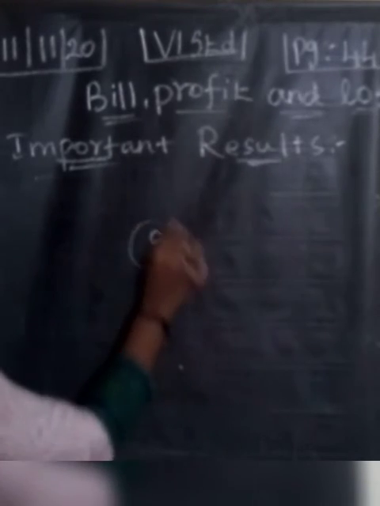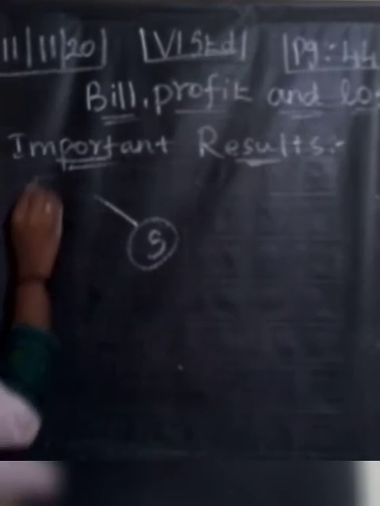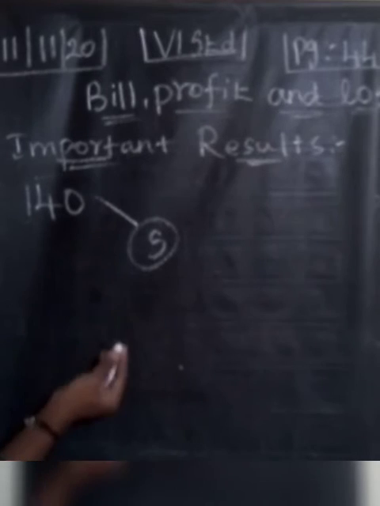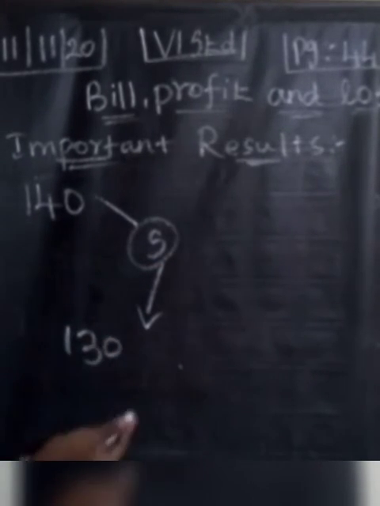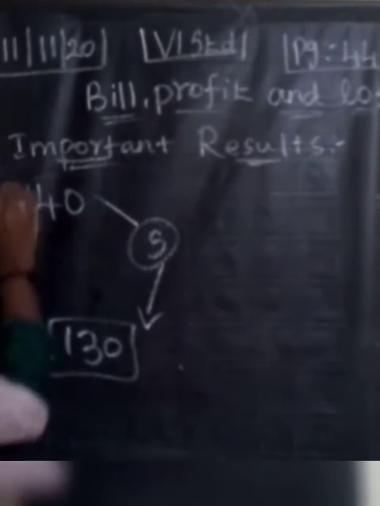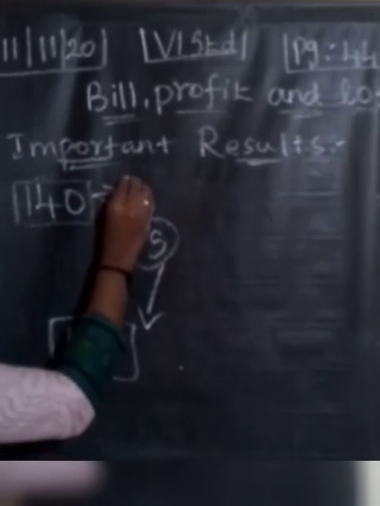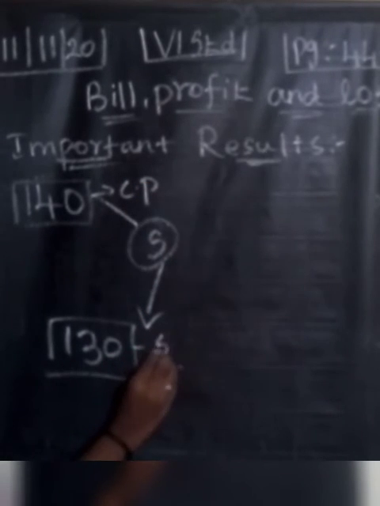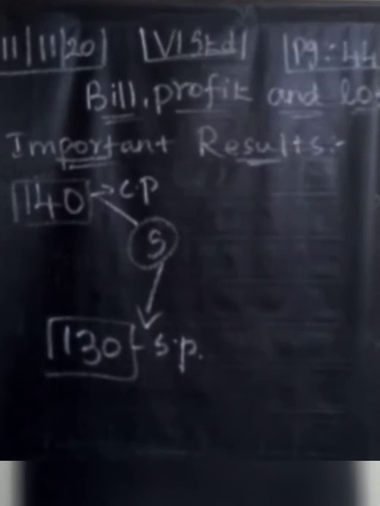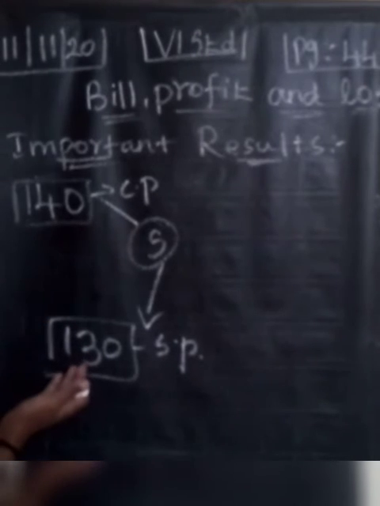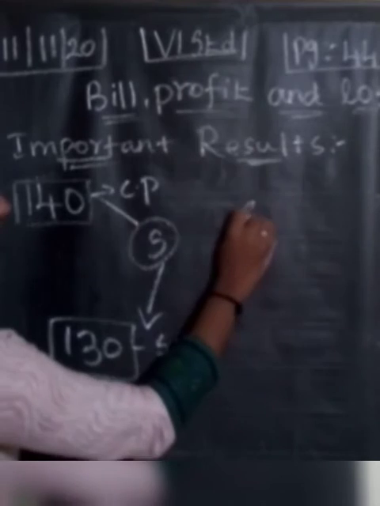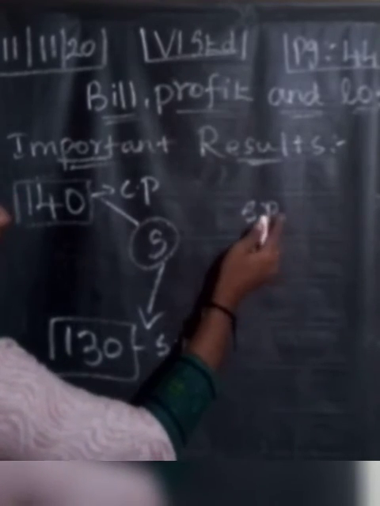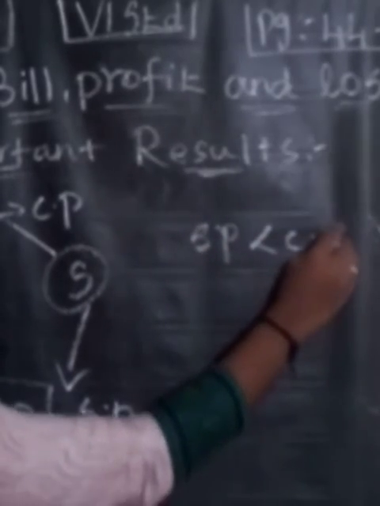In the same way, the shopkeeper buys the product for rupees 140, but he sold it for 130. Here 140 is the cost price and 130 is the selling price. The selling price is less than the cost price.